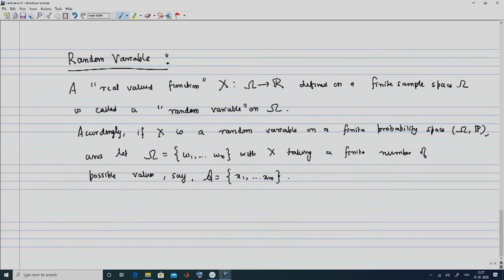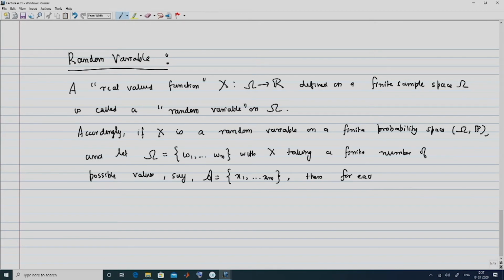Each of those x 1 through x m is equal to capital X of one of the omega j's.